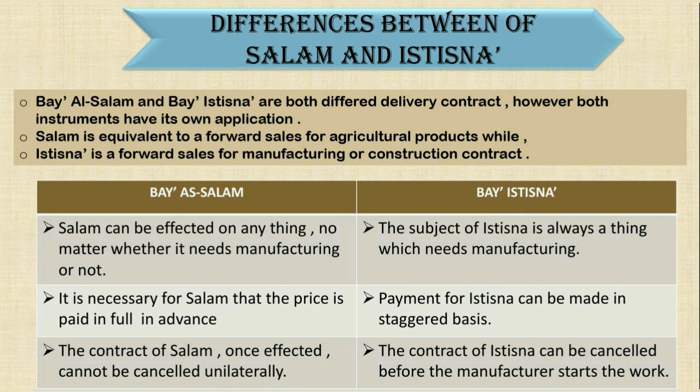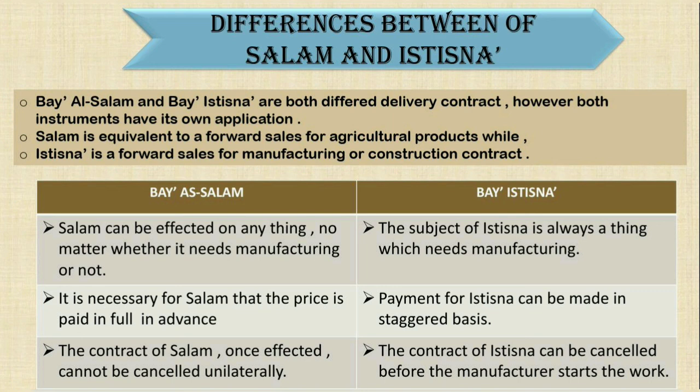Maksud forward sale ni ialah penjualan sesuatu yang akan diberikan kepada pembeli pada tarikh tertentu pada masa akan datang. Maksudnya, macam buyer ni akan ambil barang dengan kita berapa-berapa untuk next month. Dia macam order lah, tapi dia akan ambil next month.